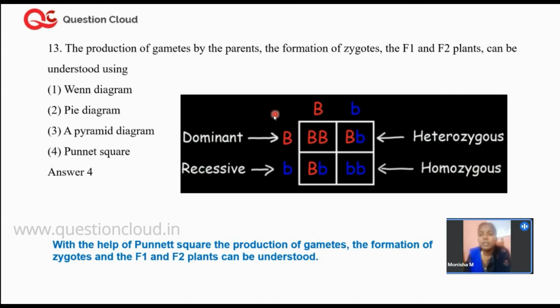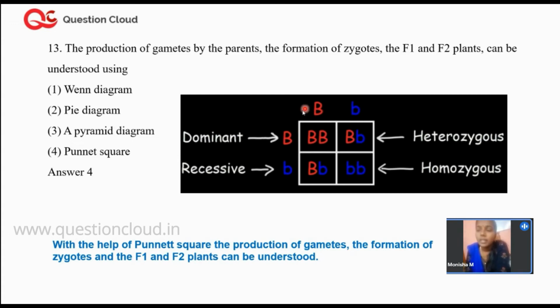It's the one which will actually get expressed in an individual. Dominant is a superior trait, and recessive is something which is going to be suppressed, an inferior trait. Usually dominant characters are represented by capital letters, and recessives by small letters. So parent 1 is on the left side and parent 2 is represented on the top panel.